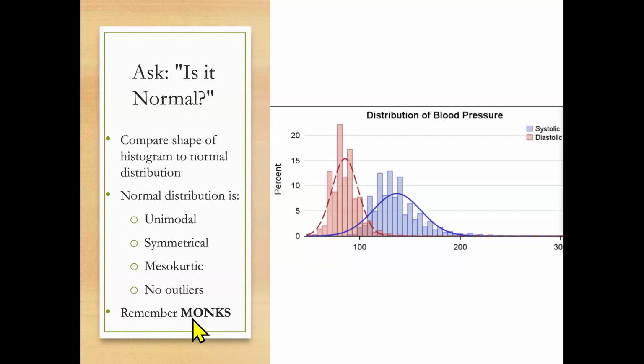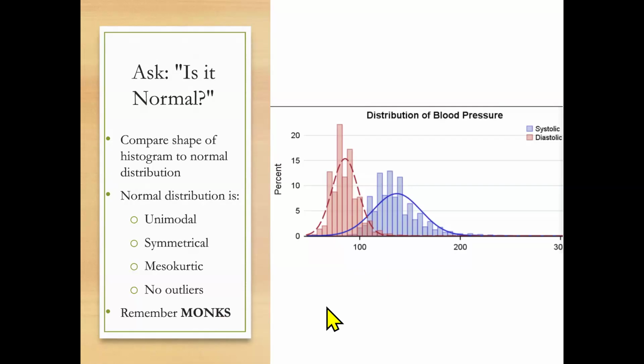All right, so you want to ask the question, is it normal? Which is going to be the N, and then go through systematically and give me the M, the O, the K, and the S. All right, if it looks normal on those different characteristics, you still want to list them off. Well, professor, it's unimodal, symmetrical, mesocurtic, and it has no outliers.